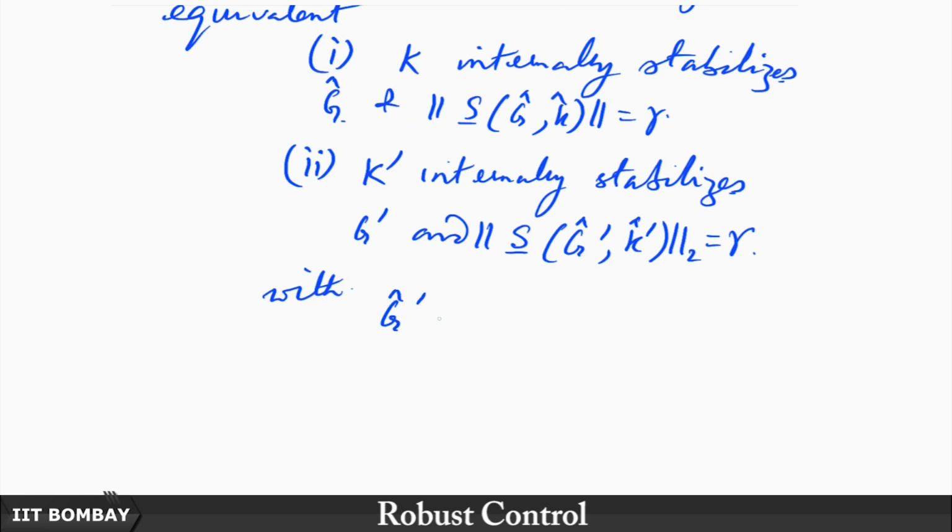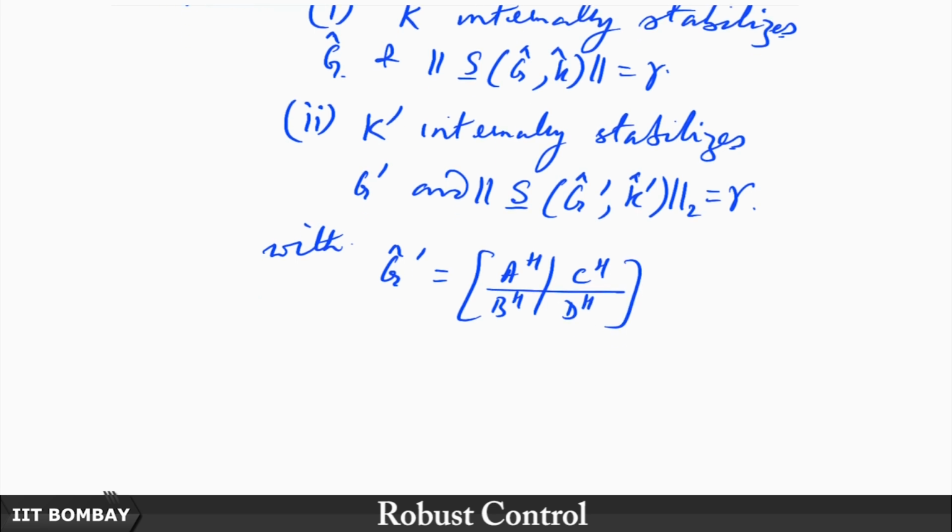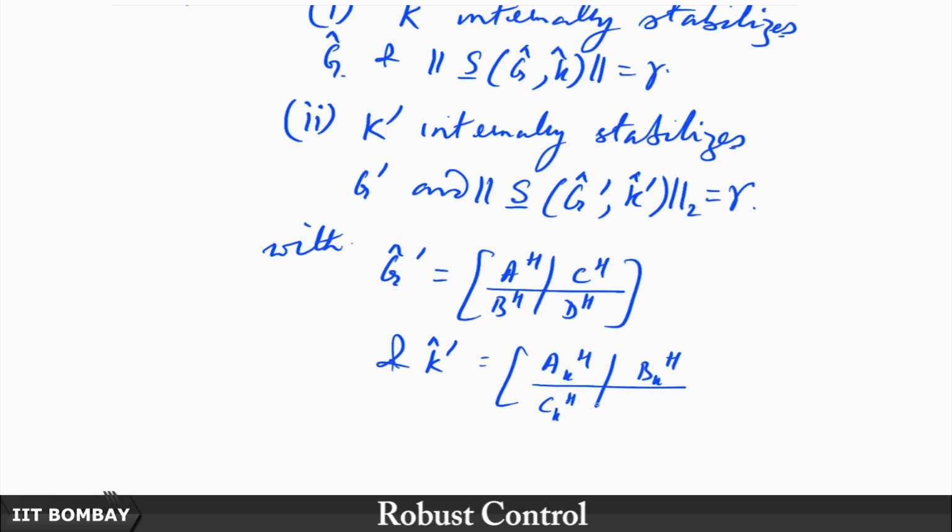G hat transpose is equal to A Hermitian, C Hermitian, B Hermitian, D Hermitian, and K hat transpose is equal to AK Hermitian, CK Hermitian, BK Hermitian, DK Hermitian.